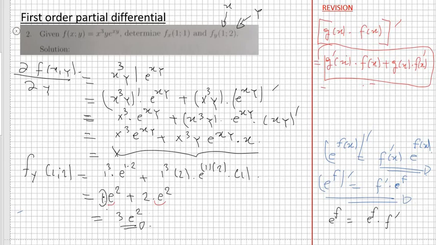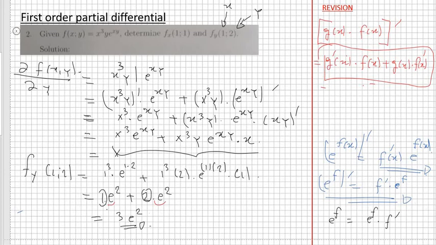So you have 1 there and 2 there. So 1 plus 2 gives 3, and then you repeat e to the power of 2. Okay, that's it.